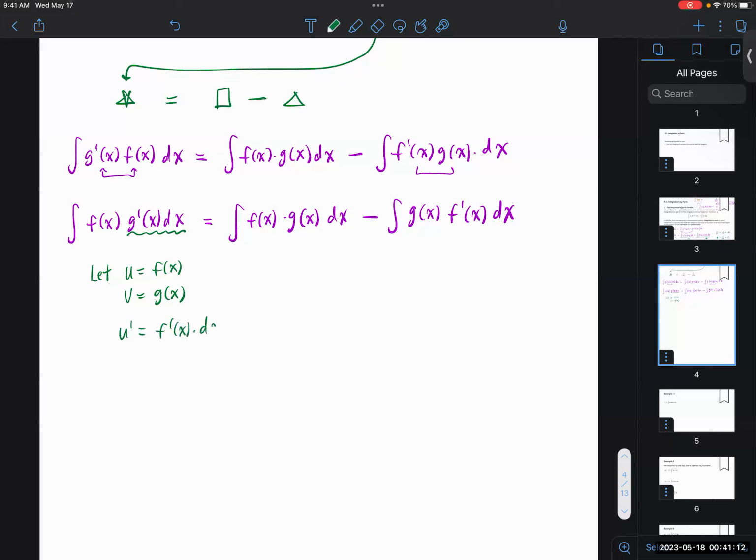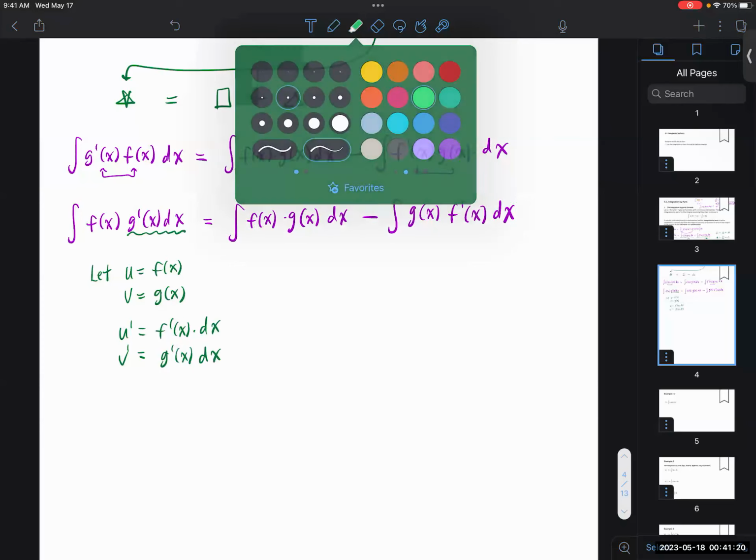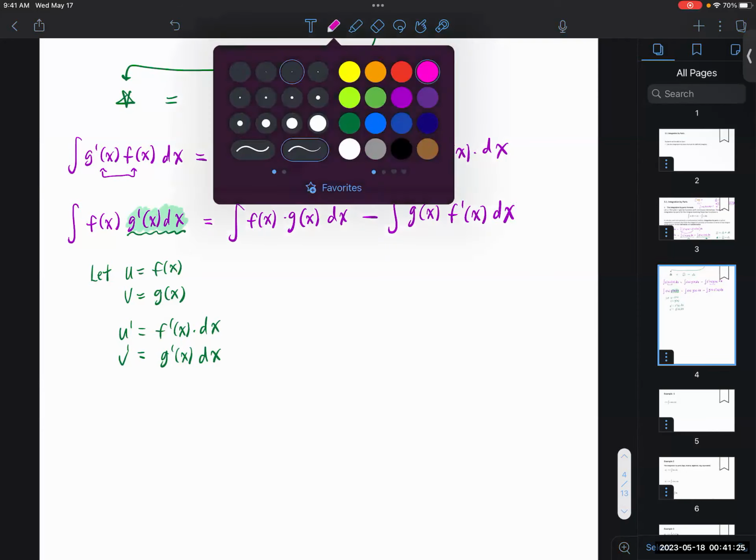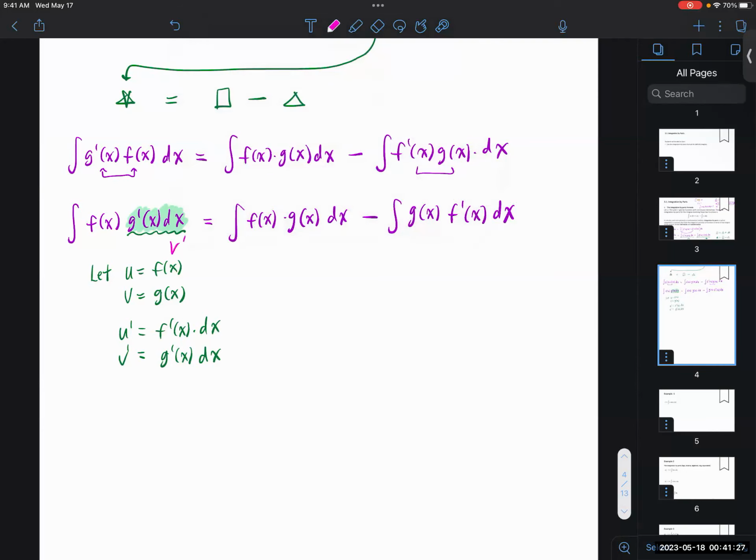You're going to take the derivative, and then v prime is actually the same as g prime dx. So therefore, as you see, this g prime dx is going to be v prime, correct? And then f prime dx is the same as u prime, correct?